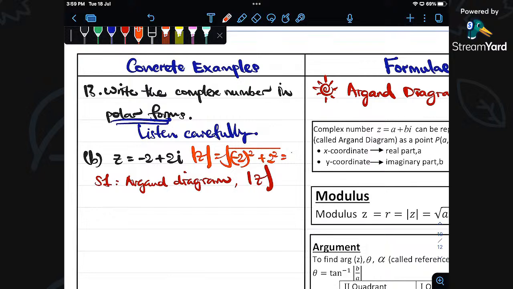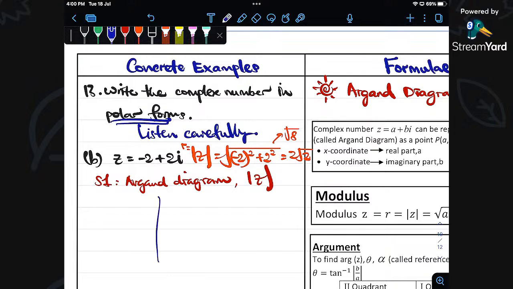Square root of 8 is actually 2 square root 2. So you can do it together with me right now. Sama-sama jot down the notes and do it together. If I do mistakes, just tell me. So I already got my answer for modulus of Z, huruf R.